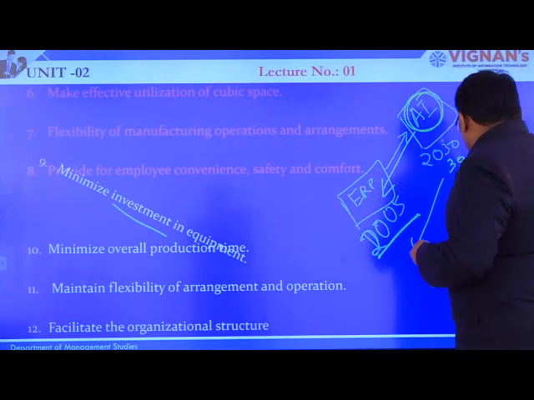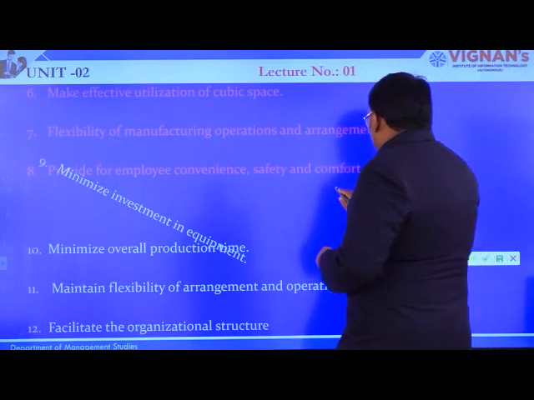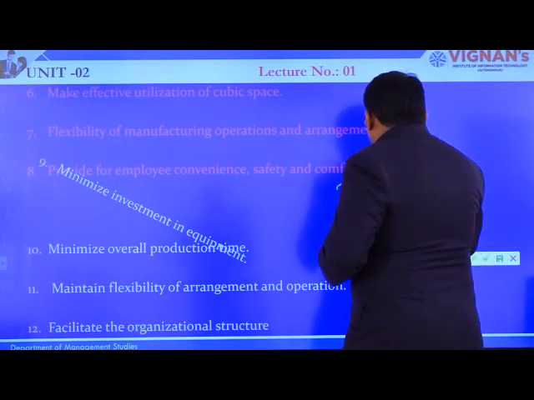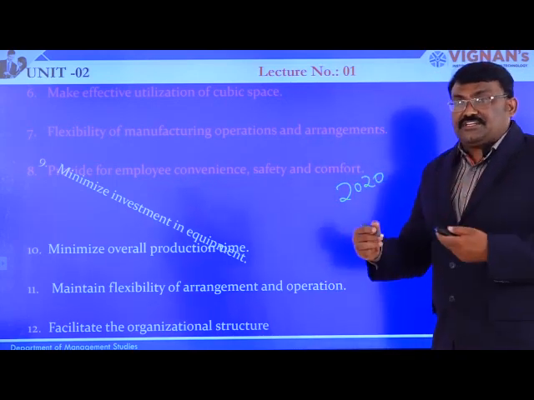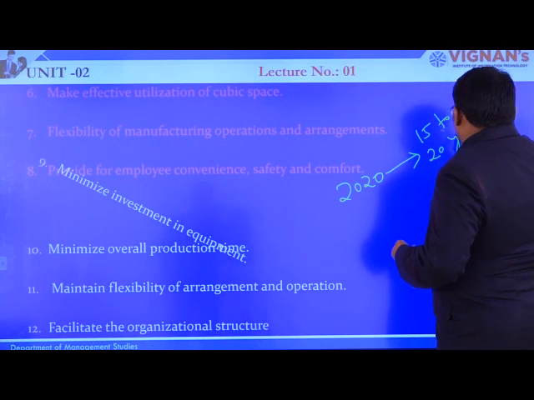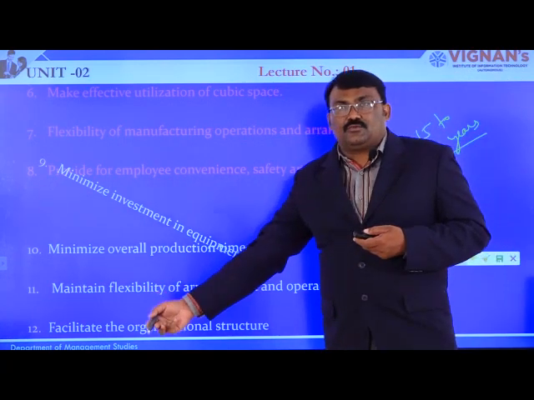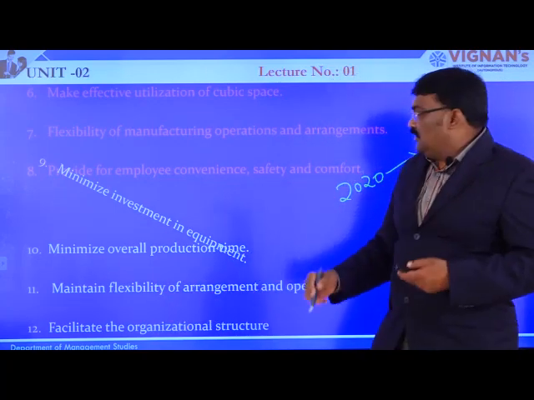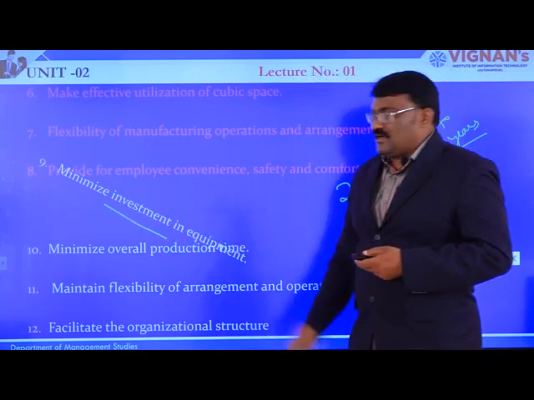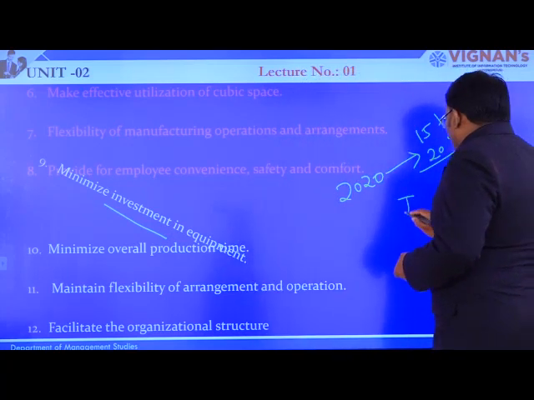That means the lookout for anticipation: suppose I am in the year 2020, my vision should be for a period of 15 to 20 years, not more than that. Whatever technology is going to come in the next 15 to 20 years, only to that level I need to make the investment. If I go beyond that, my investment cost will become high.